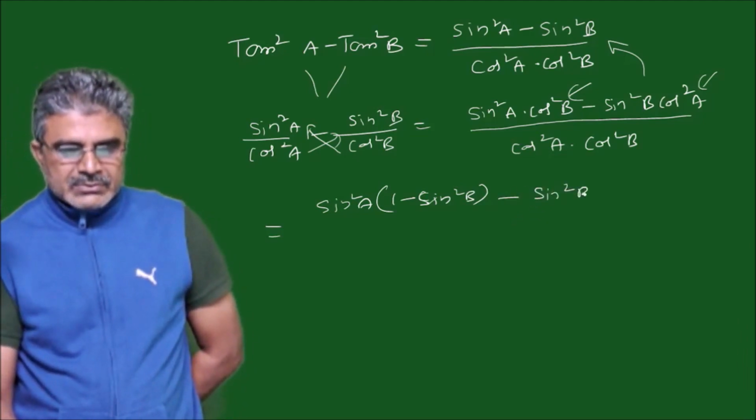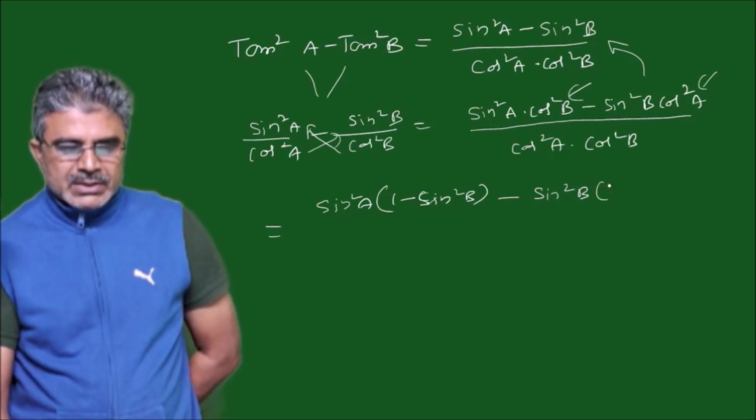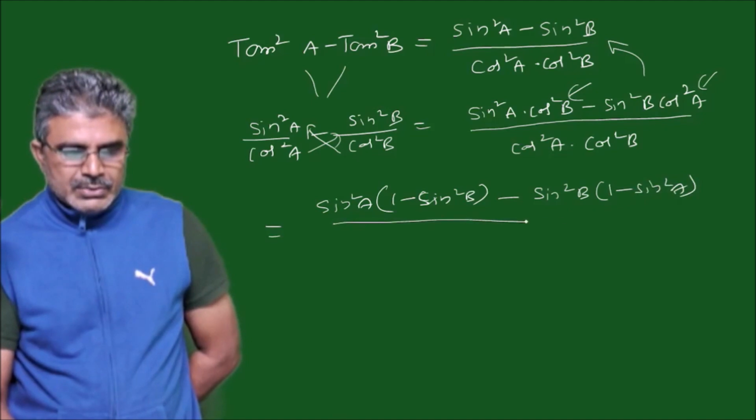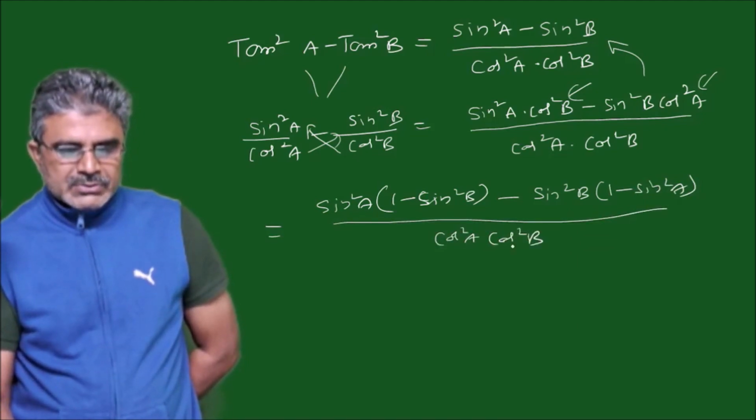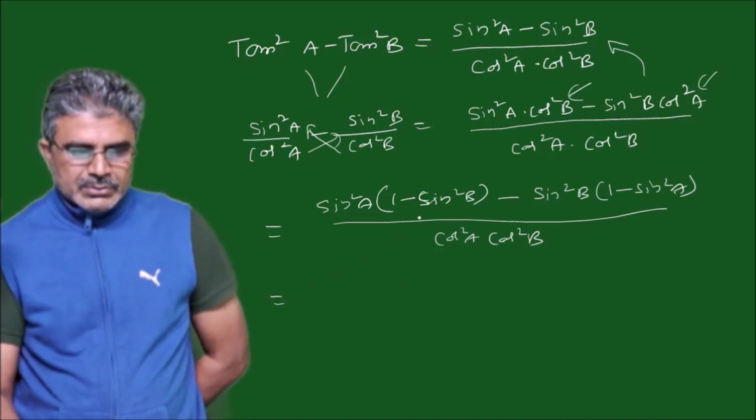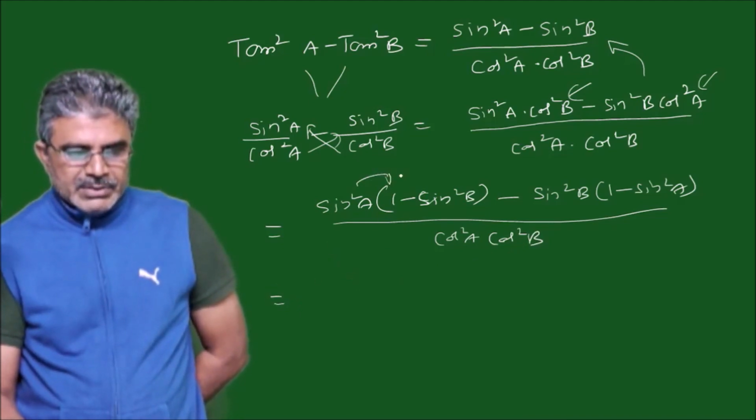Minus, this is sin square B and cos square A, I can write 1 minus sin square A whole divided by cos square A and cos square B, which is equal to, so I want to multiply with this.